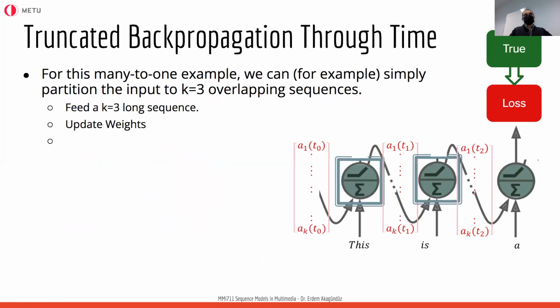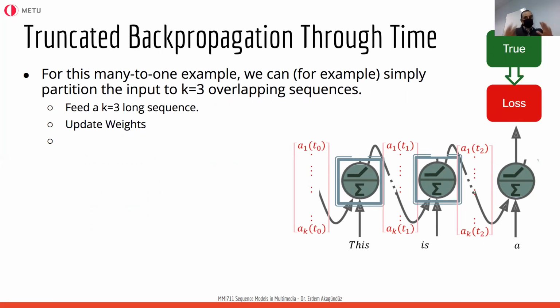Simply that is it. If it is truncated backpropagation through time, I have some hyperparameters. The hyperparameter is the split sequence size that I'm going to use for backpropagation. Let's define K. Actually, the split will be different for forward and backward passes separately, but I'm going to assume that I'm using the same split size for forward and backward passes.